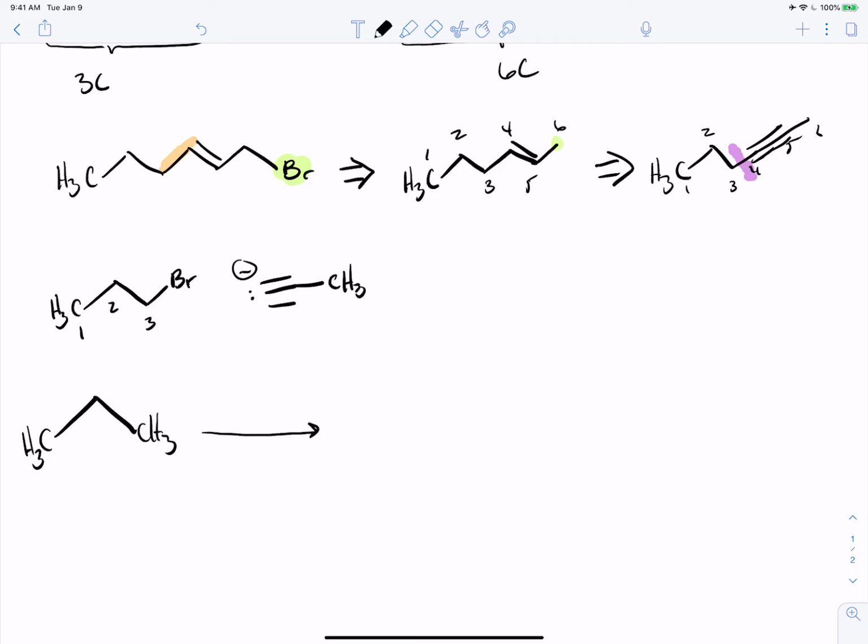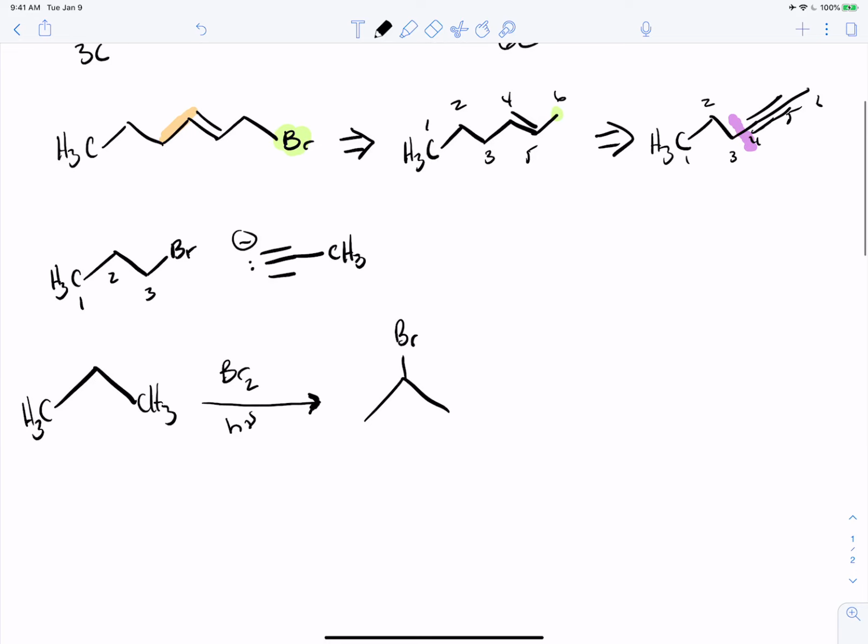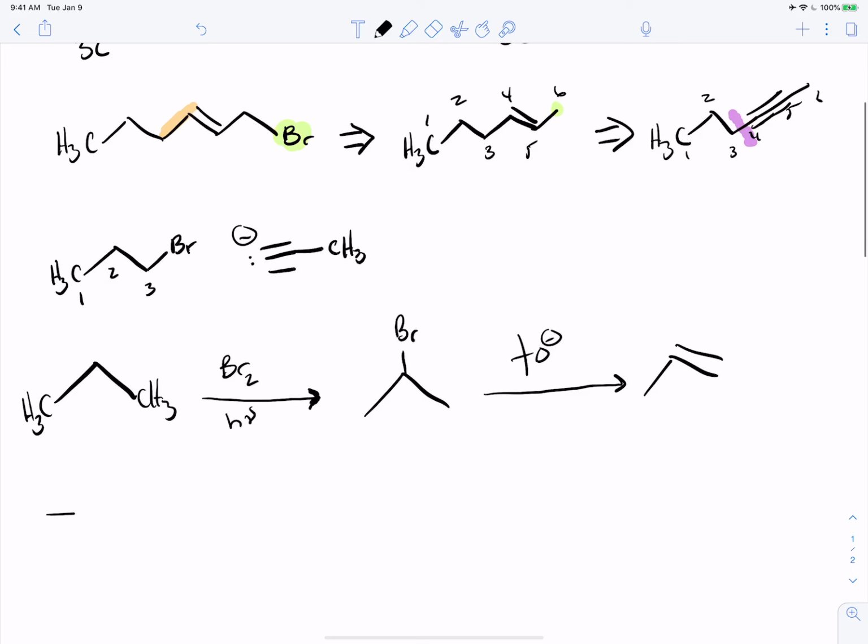Well, I know with an alkene, no matter what, the first step I always have to do is radical halogenation. So I use Br2 and light, and I get the bromide there. That, unfortunately, is not in the right spot, so I want to go through E2 elimination to get my alkene back, and then I'll use HBr and peroxides to put it at the less substituted position.